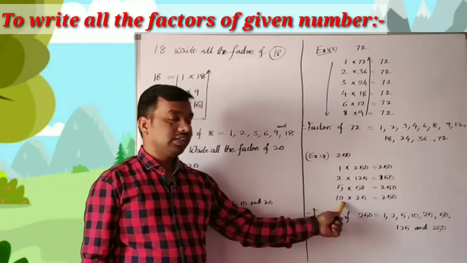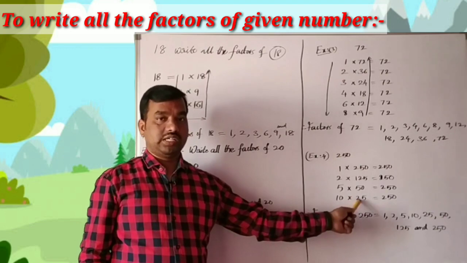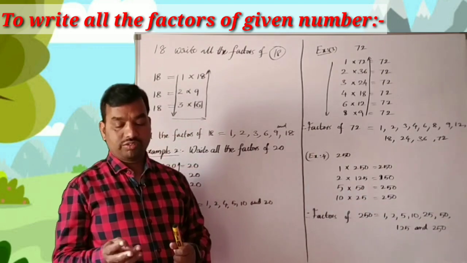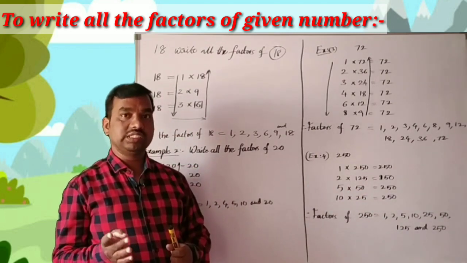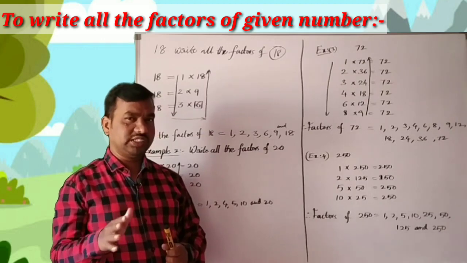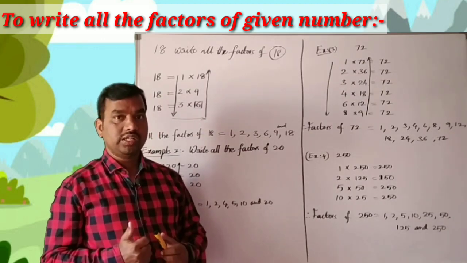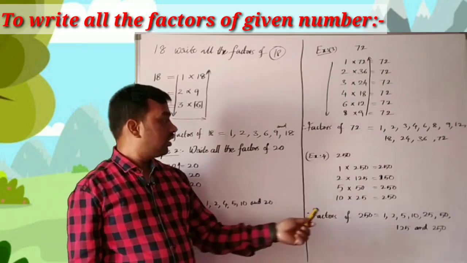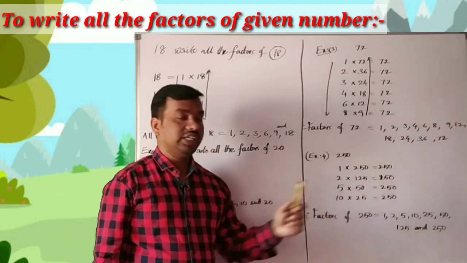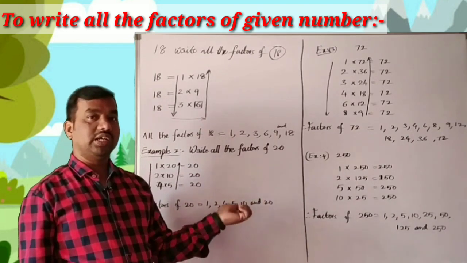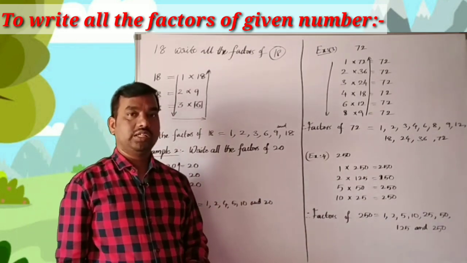After that 10: 10 25s are 250. 11, 12, 13, 14, 15, 16, 17. Like this we have to check, children. At last we can get by 25. 25 10s are 250.